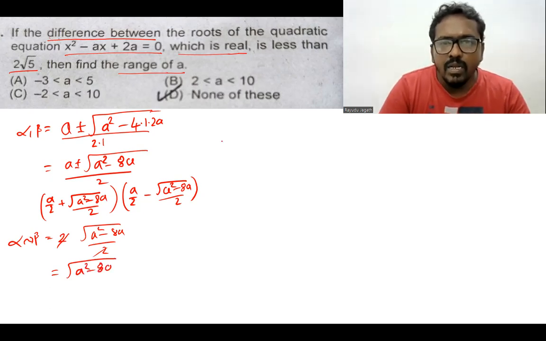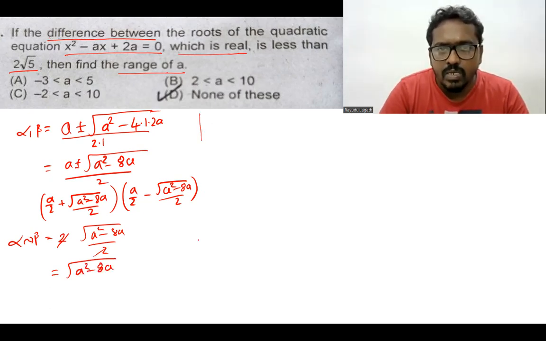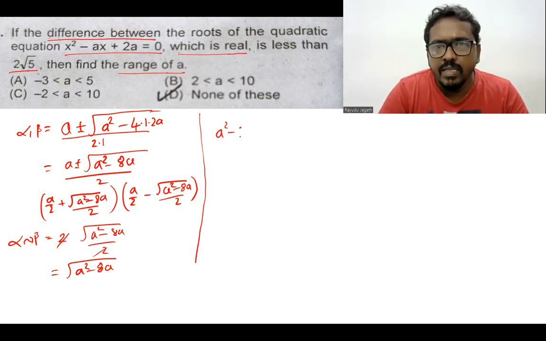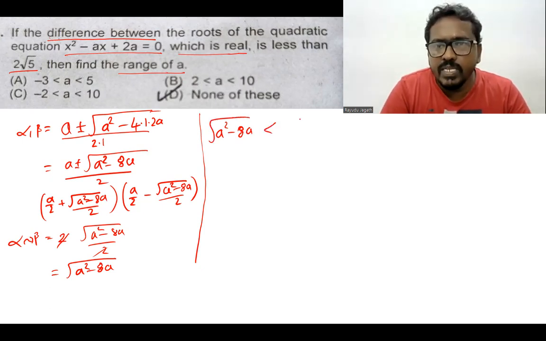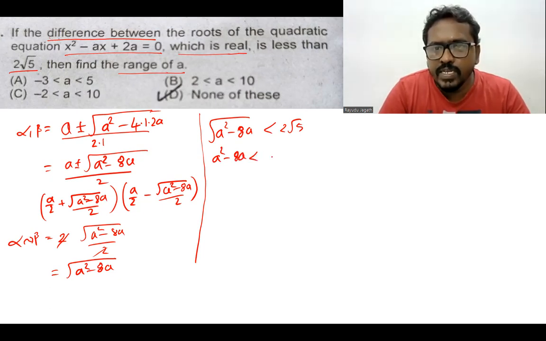Now we have the condition: root of a square minus 8a, which is real, is less than 2 root 5. Squaring on both sides, a square minus 8a is less than 20, since 4 into 5 is 20. So this can be written as a square minus 8a minus 20 less than 0.